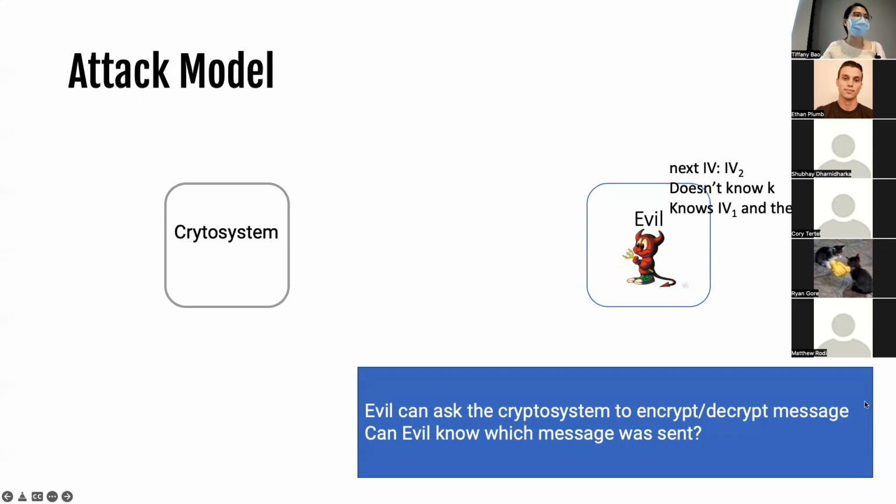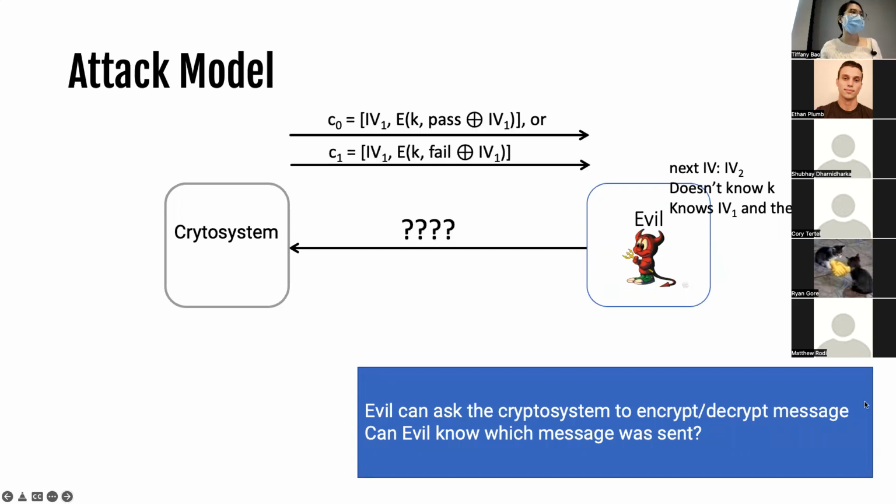And I suppose that there is an attacker, we just call him Evil, and the attacker can predict the next initial vector given the current initial vector. Basically, he has this superpower that he can know what is going to be the next initial vector used by the crypto system. And Evil also knows about the current initial vector and the ciphertext.